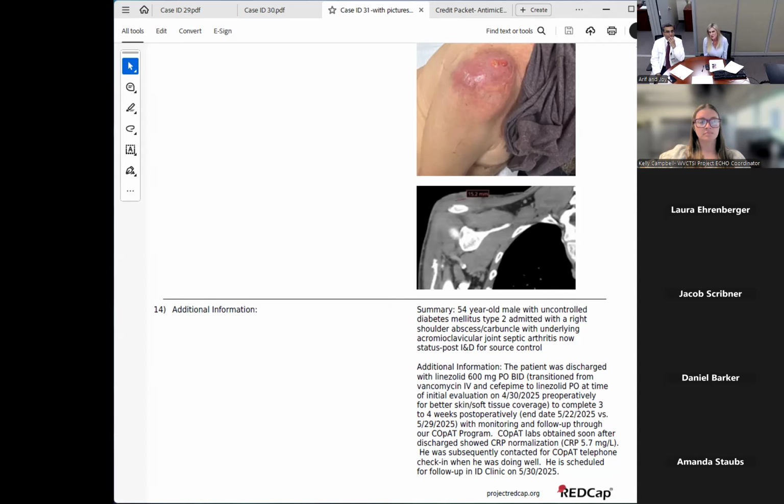So we're thinking he's due for another set of COPAT labs, but assuming CRP again looks good, we would shorten him to a 3-week course. That's because of the good source control, which is why we're comfortable with the shorter duration.